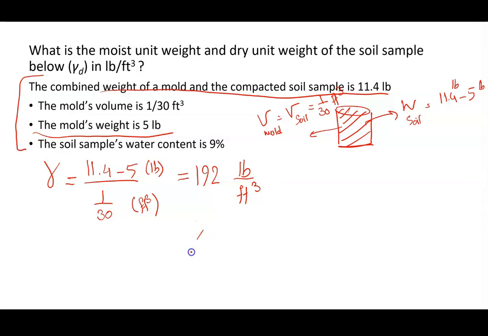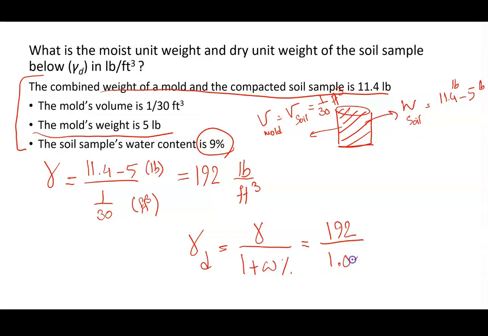And then we can calculate dry unit weight using the formula that dry unit weight is equal to moist unit weight divided by 1 plus water content. So it's 192 divided by 1.09, moisture content is 9%, which gives us 176 pounds per cubic feet.